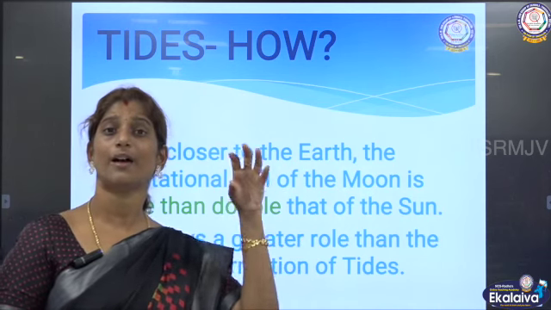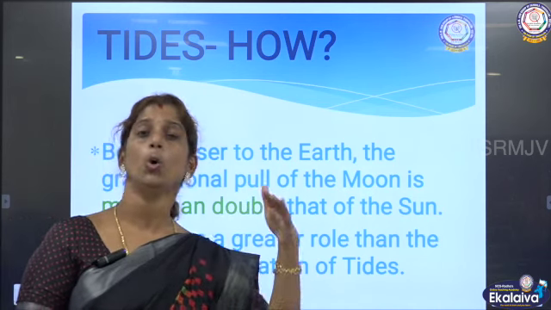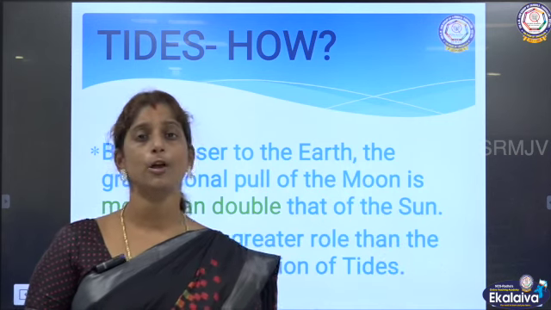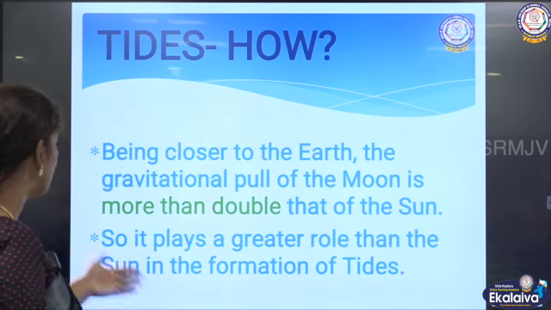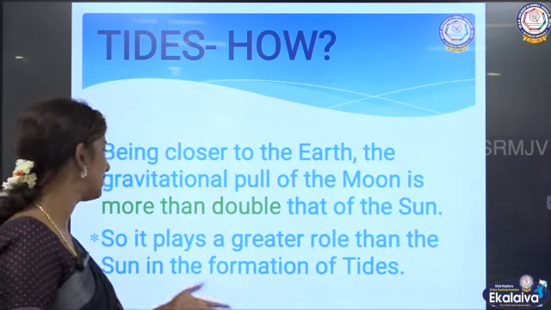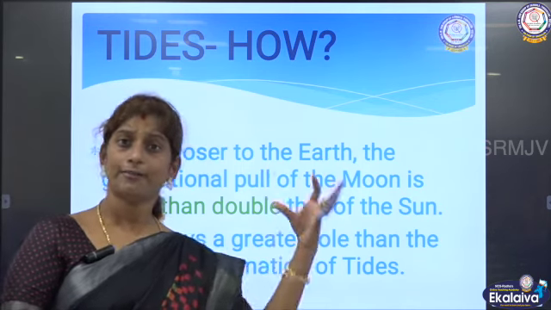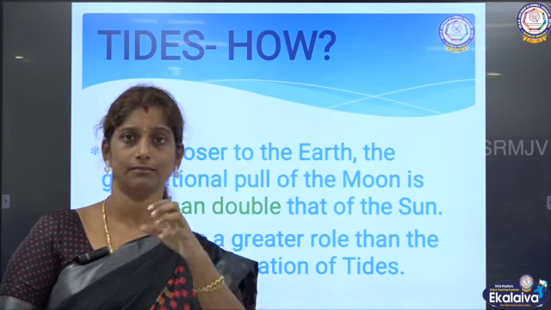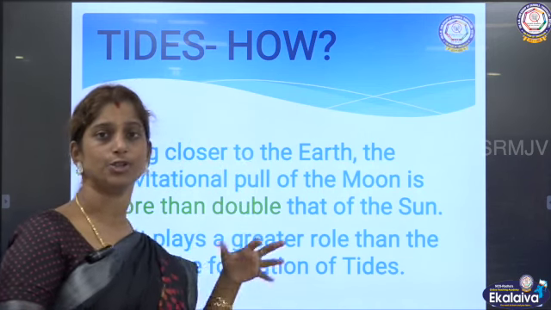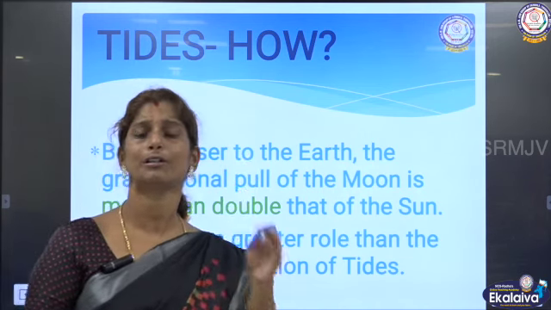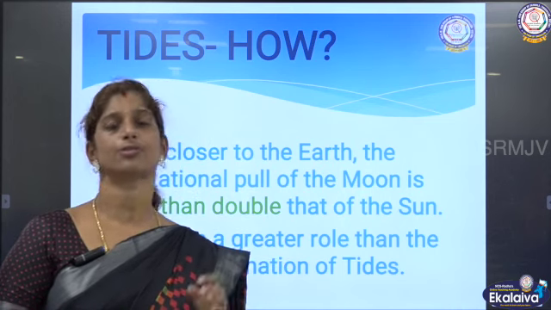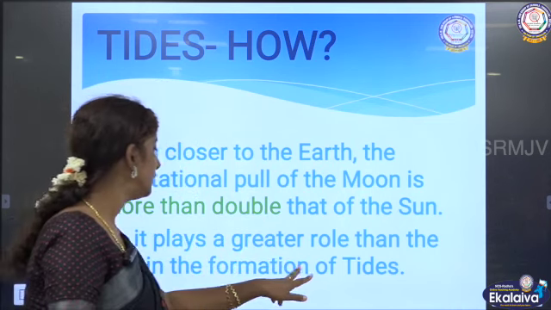So the sun's gravitational force is lesser when compared to that of the moon. So it plays a greater role than the sun in the formation of tides. Apart from the force of the sun, the moon's gravitational force plays a very major role in the formation of tides.